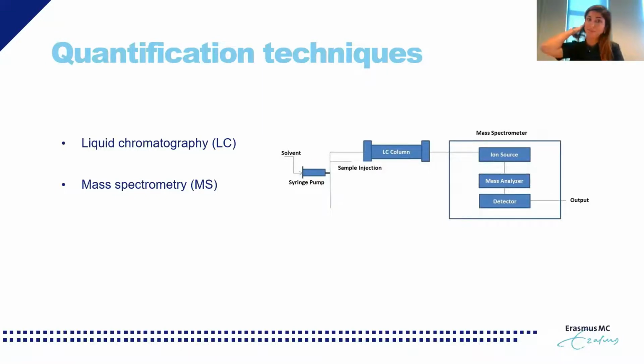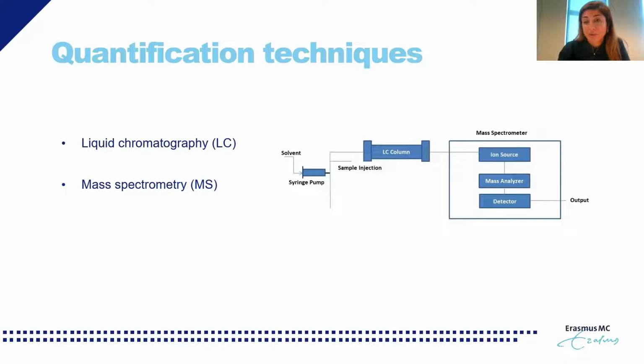And first, at the chromatographic part, compounds are separated based on their polarity. And after the chromatographic separation, compounds are separated in the MS by their mass over charge ratio.